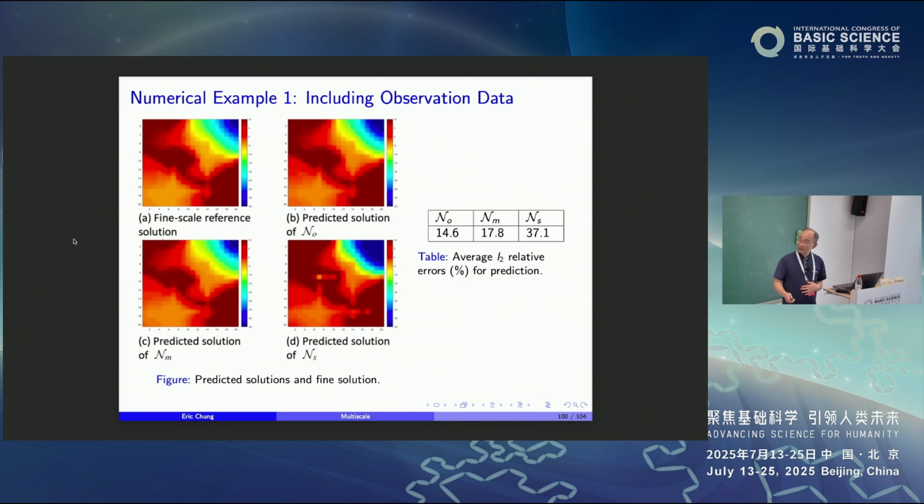Maybe I just go to these figures before I stop. This is the true solution. And then in the next three figures, we show the predicted solution by the machine. It matched quite nicely with the true solution.